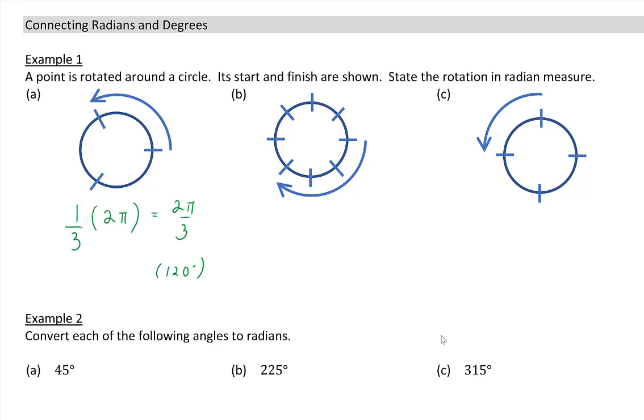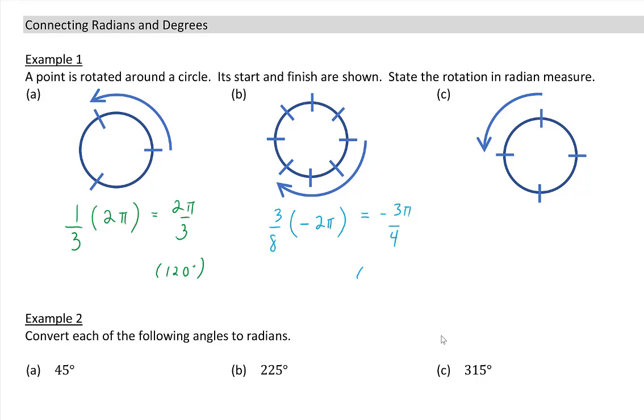This circle's split into 8 equal parts. We've traveled 3 out of the 8 parts. It's going in a clockwise rotation, so that means we're going to have a negative angle this time, and a full circle is 2 pi radians. This would give us negative 6 pi over 8, which is equivalent to negative 3 pi over 4.